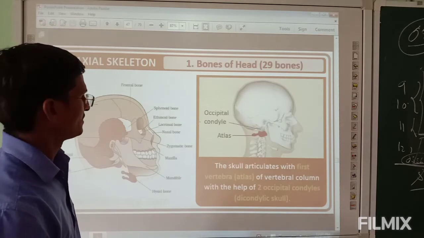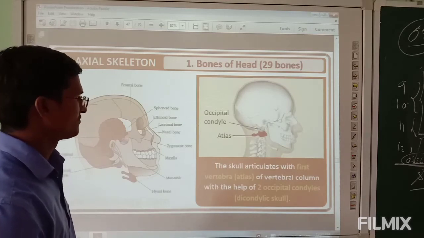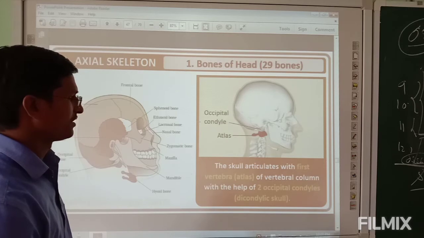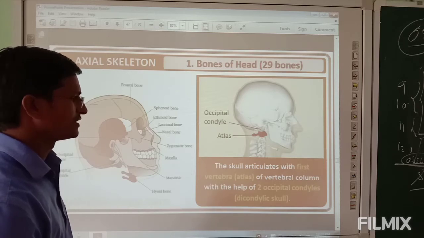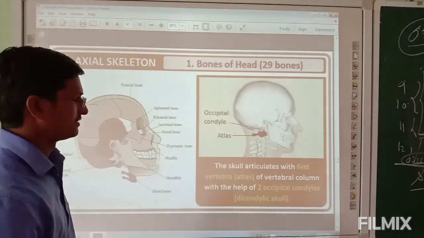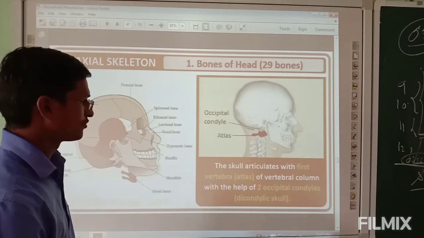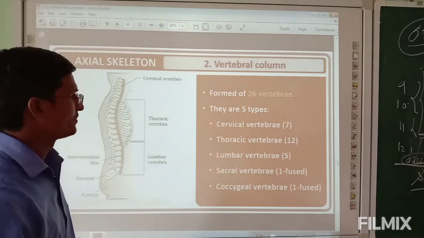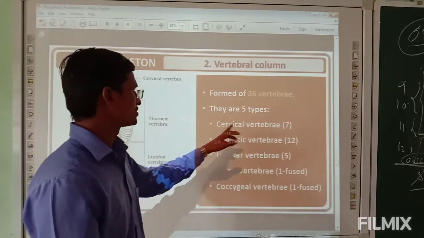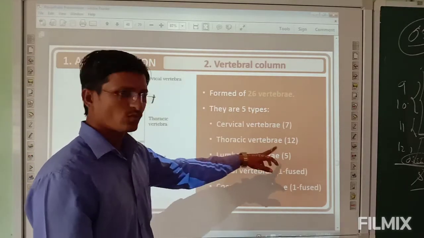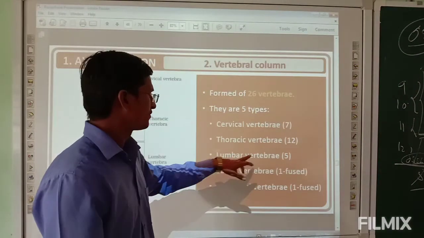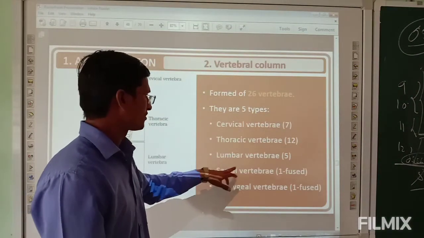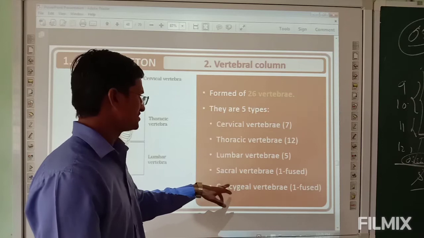Now, bones of the head. The skull articulates with the first vertebra of the vertebral column with the help of two occipital condyles, that is a dicondylic skull. The vertebral column has 26 vertebrae. They are of 5 types: cervical vertebrae, thoracic vertebrae, lumbar vertebrae, sacral vertebrae and coccygeal vertebrae.